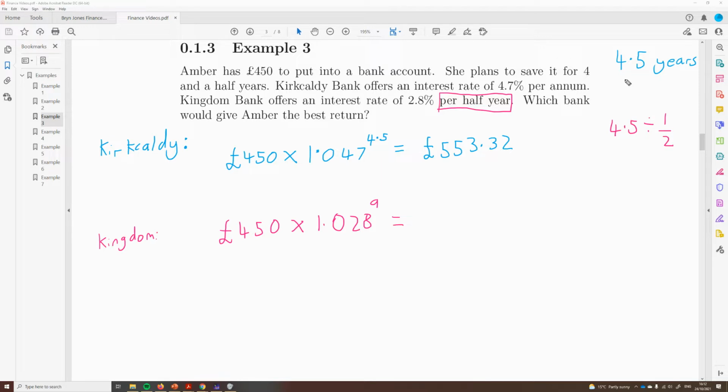Although the period of time is the same in both cases, the index changes because these are not to the same time period. This is per half year, this is per full year. So we shouldn't be surprised that this is double the 4.5 we see. Again, we just type this into our calculator now, fairly simple.